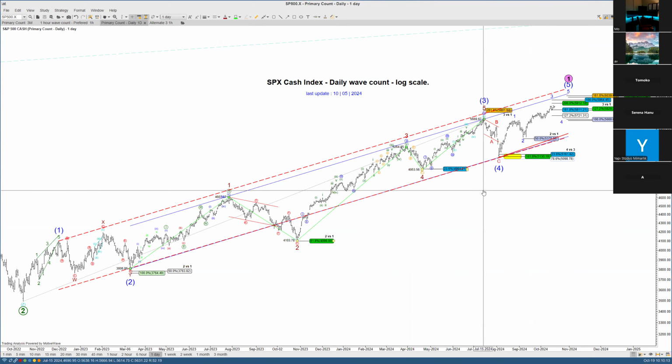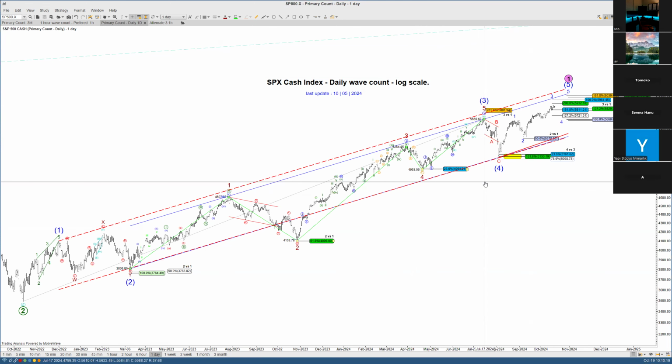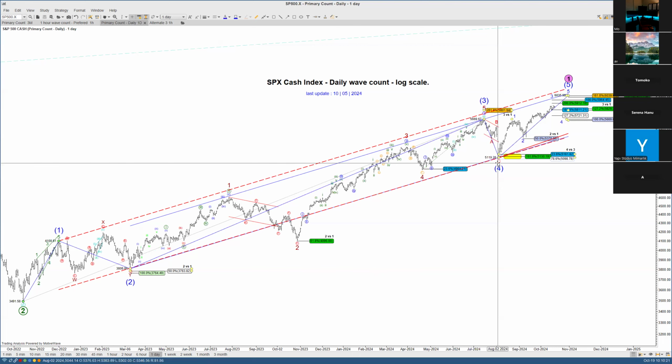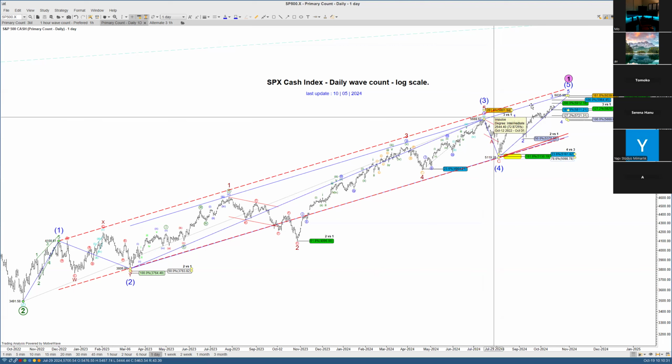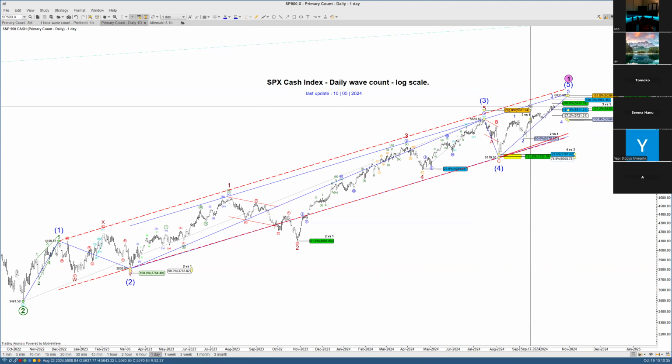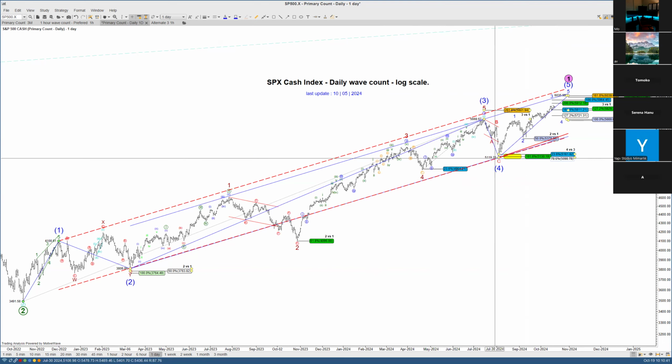Is that possible within EW rules? What I'm saying is the blue 3 has not even completed yet, but your red 3 is where your red 5 is, and your red 4 is where your blue 4 is.